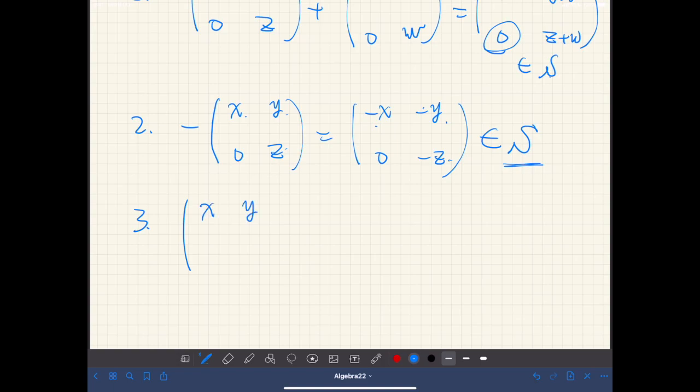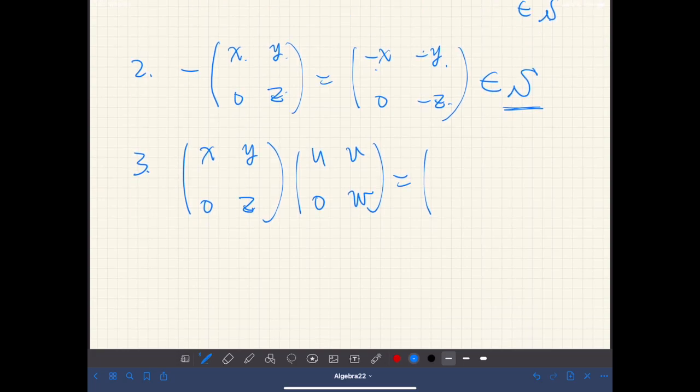So consider this matrix times U, V, 0, W. With the usual matrix multiplication, we get x times u, and y times 0 is 0, x times v plus y times w, 0 times u plus z times 0 is 0, and 0 times v plus z times w is zw.